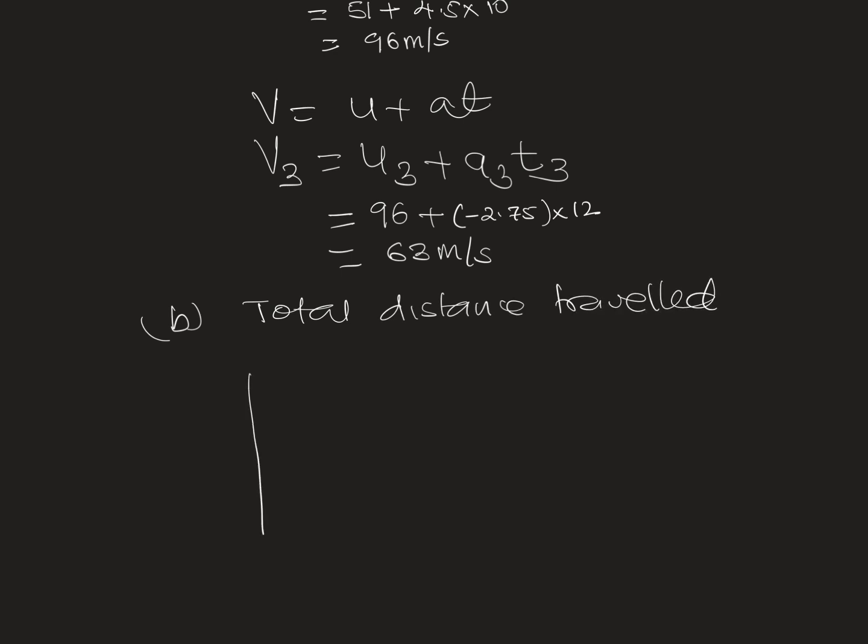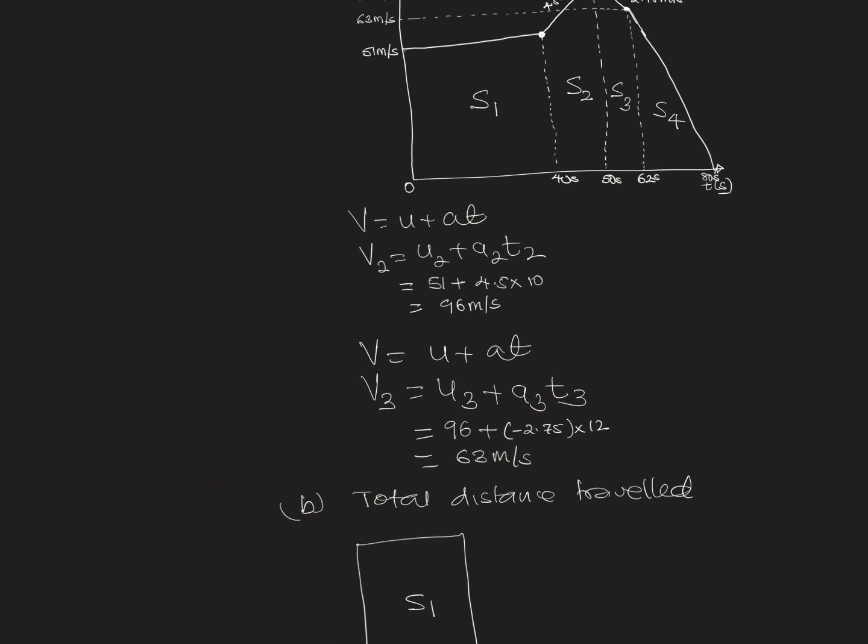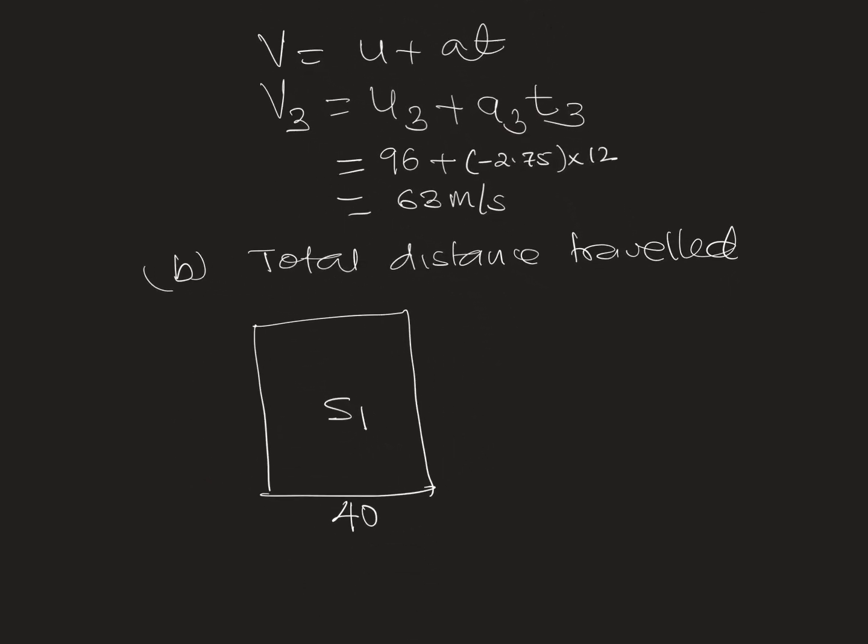The first event, I have S1. This is 40, and we have 51 here. Because it looks like a rectangle, the area of a rectangle is length times height, so that will be 40 times 51.